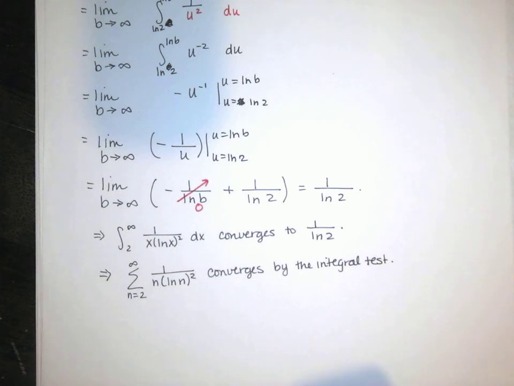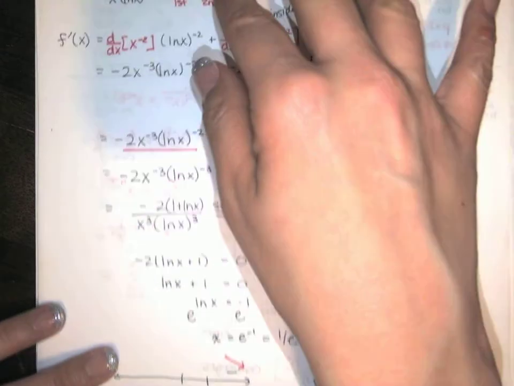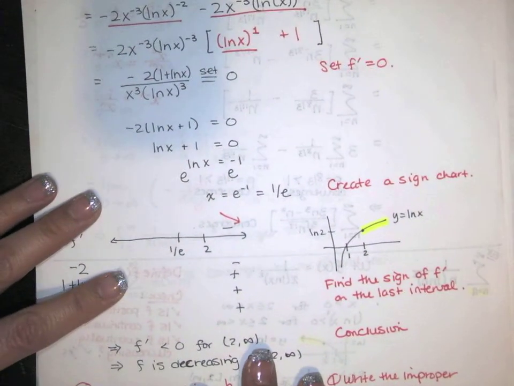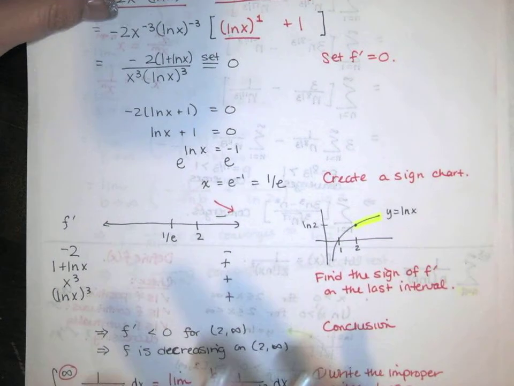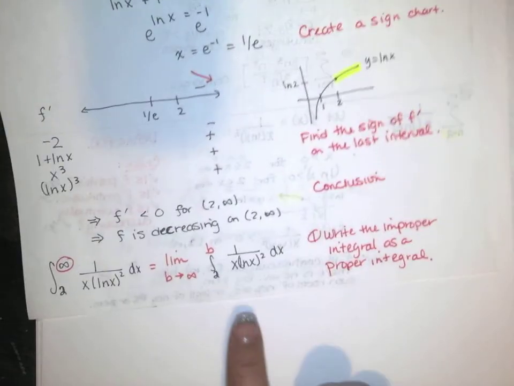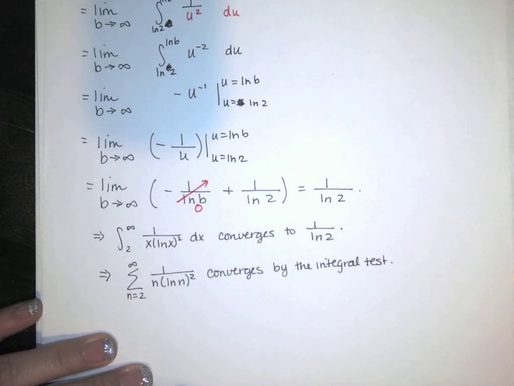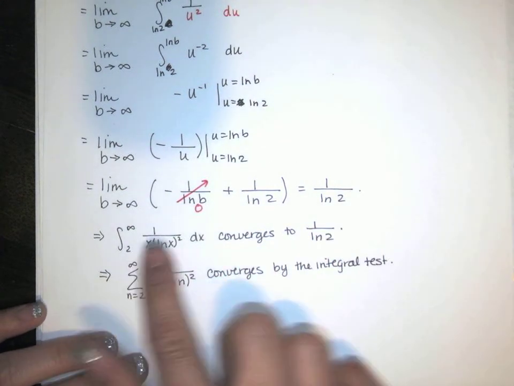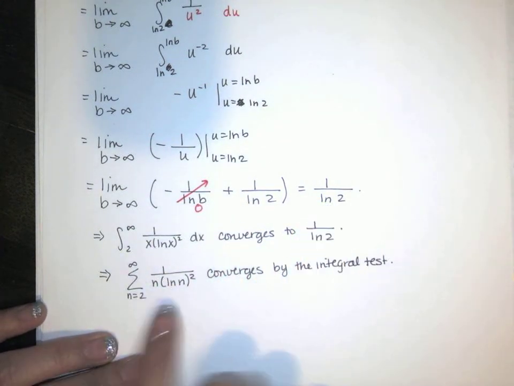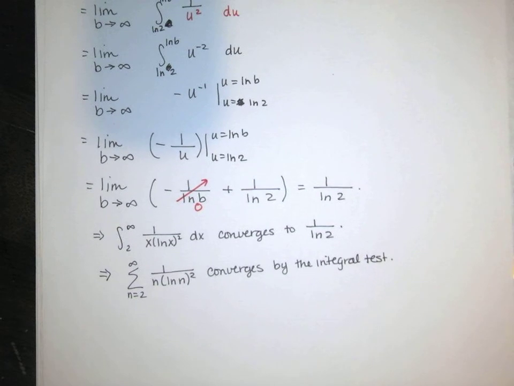It takes a lot of work to show that it's positive and continuous, and then eventually decreasing was all of this. It was a full page of work. But once we were able to do that, all we had to do was evaluate this improper integral. And once we were able to do that, since the integral converged, we could tell that the series converged.